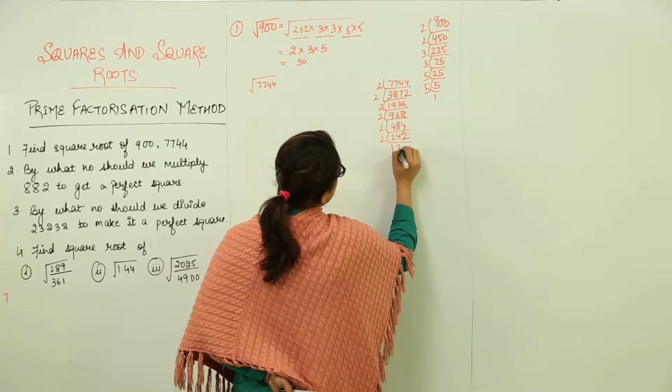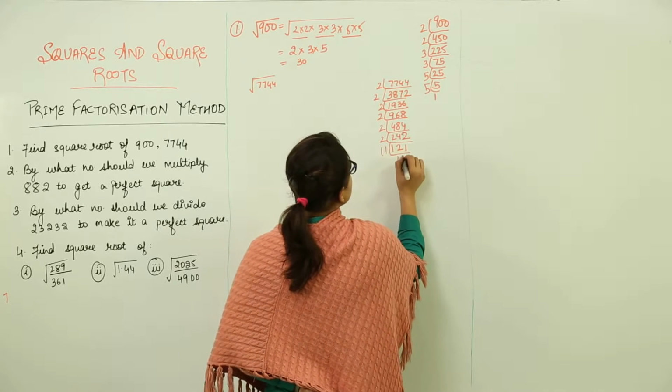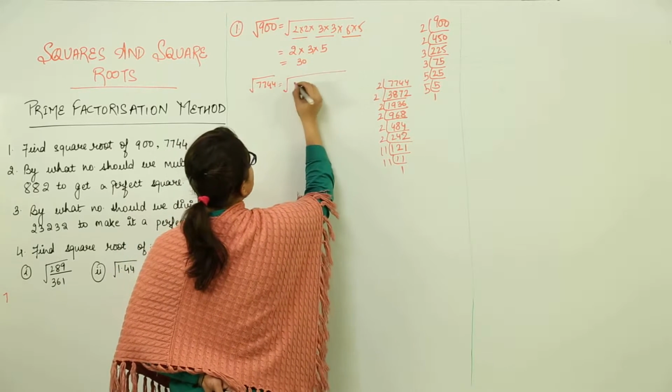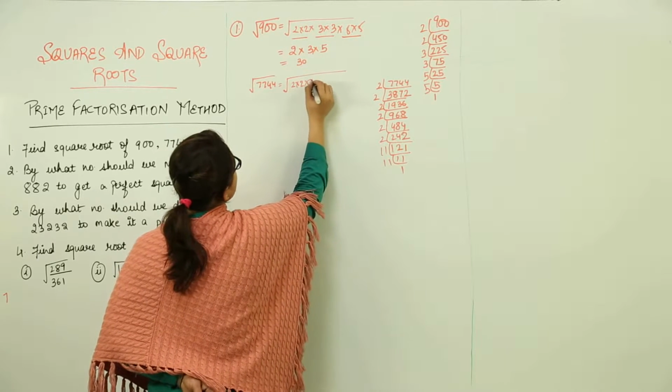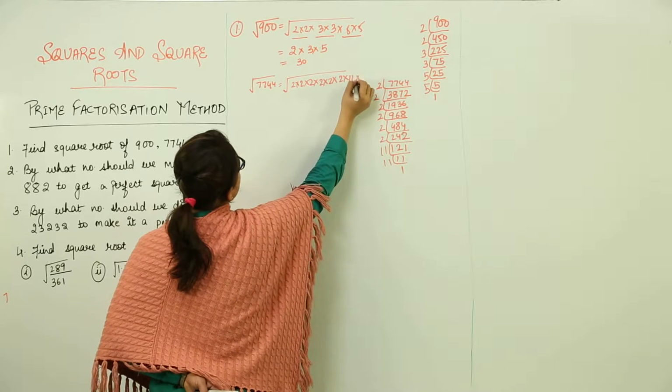Now 2 2s are 4 and 1. Last one is 11. So the factors for 7744 will be 2 into 2 into 2 into 2 into 2 into 2 into 11 into 11.